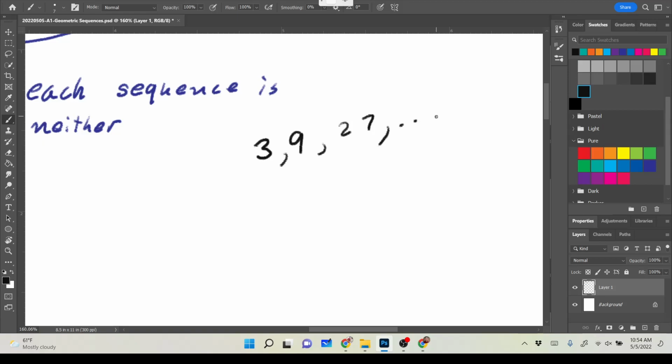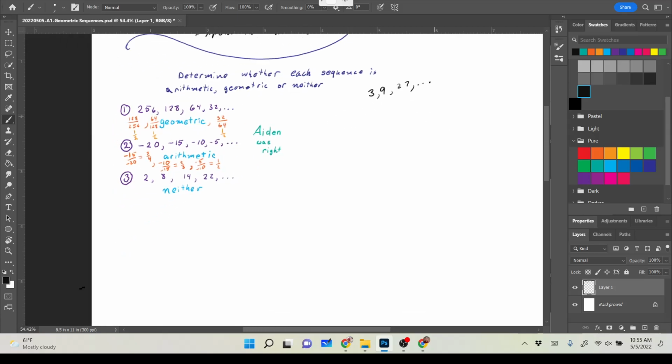They all have a common factor. Yes. And arithmetic is when they're increasing or decreasing in even numbering. They're linear, if you will.